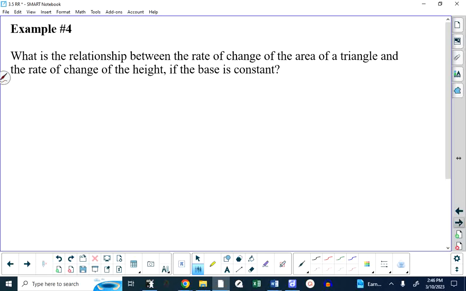We have an area and a height, and things are changing, but the difference is the base is constant. So if you start off with this, and you do what we just did, I'm not even sure you need to rewrite it. It's right there on the same page, I believe.